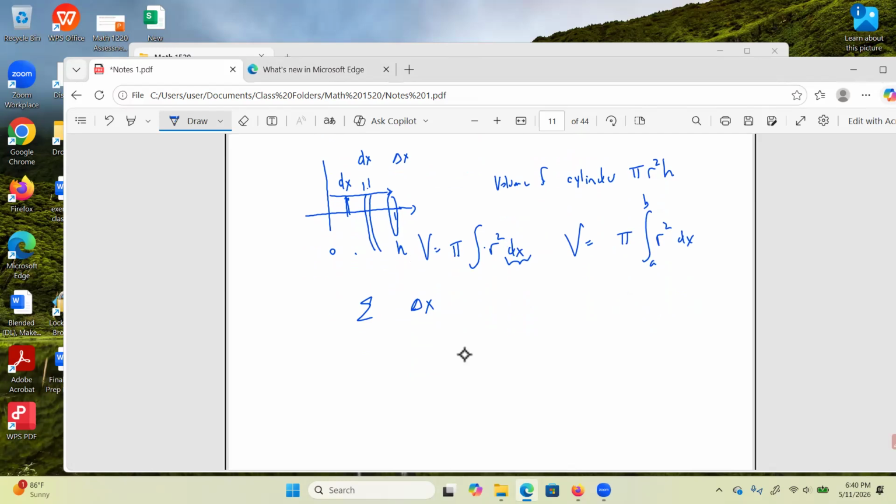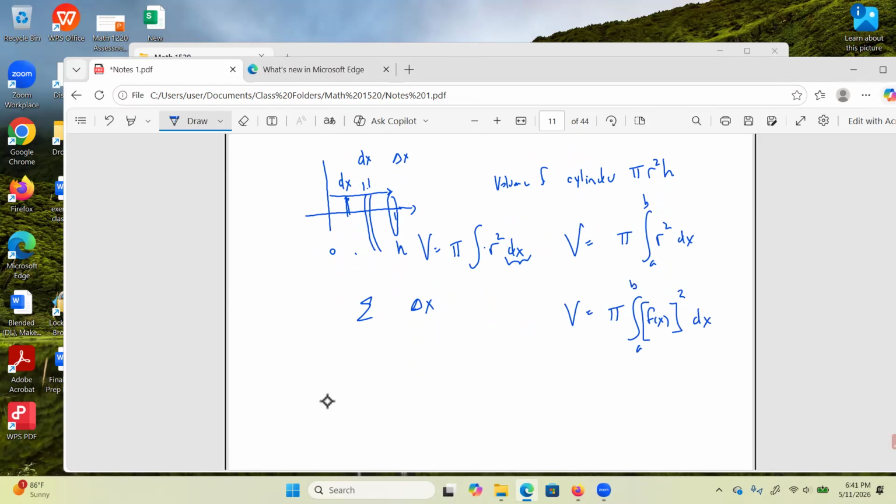Now, we don't always have to revolve around the x-axis. Sometimes we'll revolve around the y-axis. So we're going to say this is f of x, in little brackets, squared dx, and we integrate through all of that.